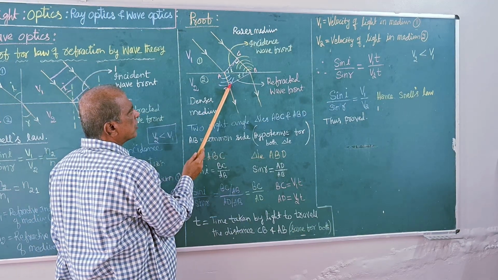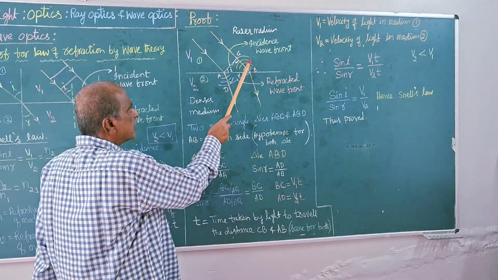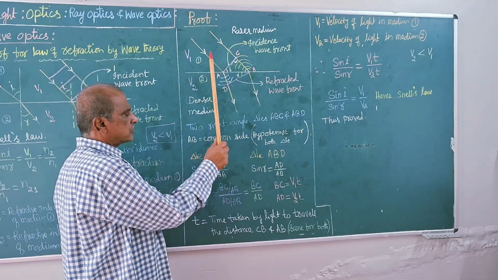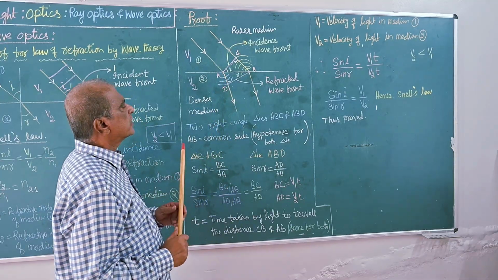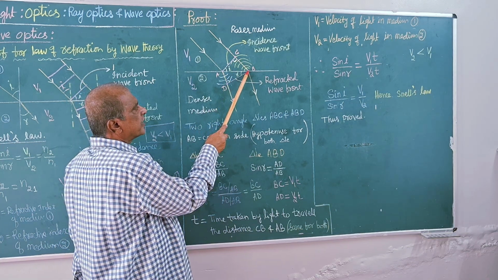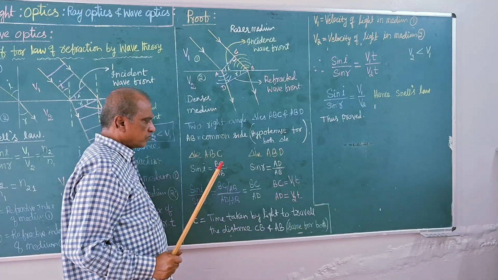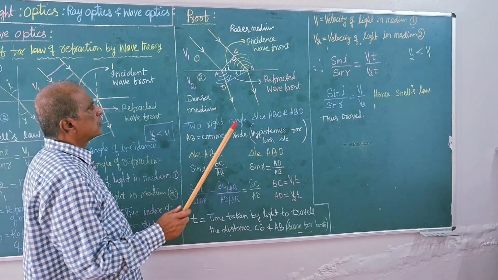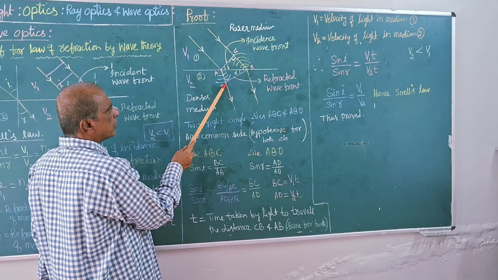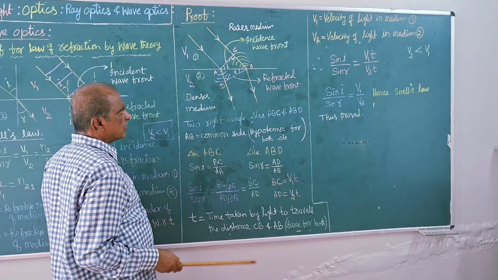This distance is smaller, this distance is a little higher, because of more velocity and less velocity. We can calculate this distance in terms of the velocity of light and time taken. T is the time taken for the light to travel from this point to this point, as well as this point to this point. Both are the same. Time is the same for both.